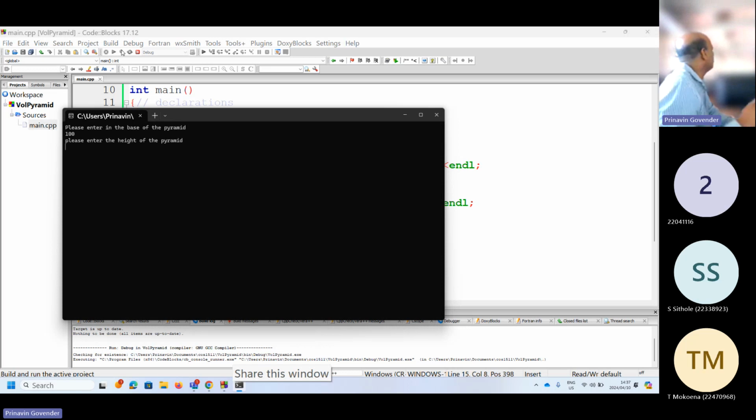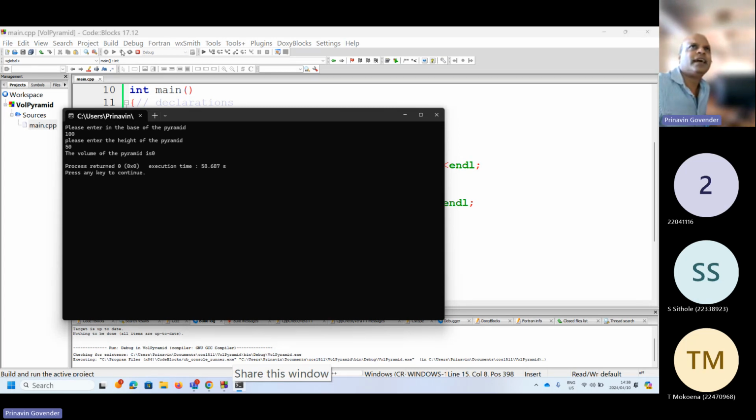Multiplied by, and what did we say my height was? Let's say 50. So if I say multiplied by 50, according to my iPhone calculator, I get an answer of 1666.67. Let's see if this is correct. If it is correct, then I'm the winner.